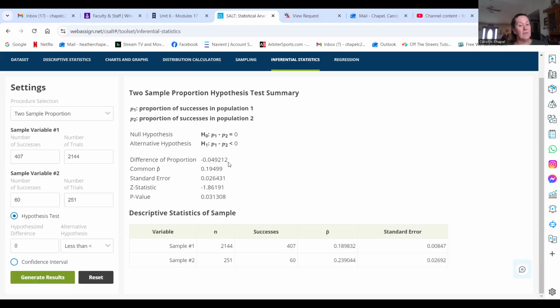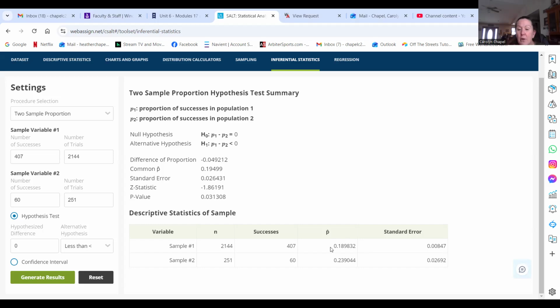It's going to be a little different than what we were given, because notice, going down a little bit further, this is my 19%, 0.1898. We had rounded it a little bit because we know that our number of successes cannot be a decimal value. We can only have 6 wells, not 6.3 wells. And here's that 24% that we saw.